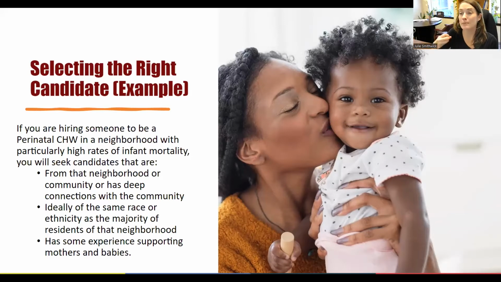So you really need somebody who can form a relationship of trust with the people you're going to serve, and that person needs to have roots and connections to that community. Ideally, you want somebody of the same race or ethnicity as the majority of that neighborhood, or at least someone who has spent some really well-earned time developing those relationships and that trust in that community already. And certainly because it's perinatal, we want to make sure they have some experience working with parents and babies. Next slide, please.